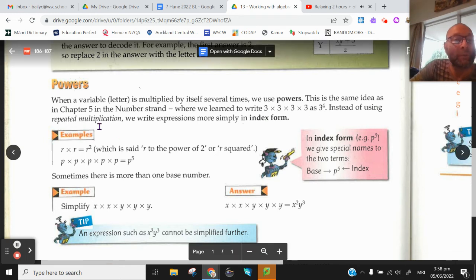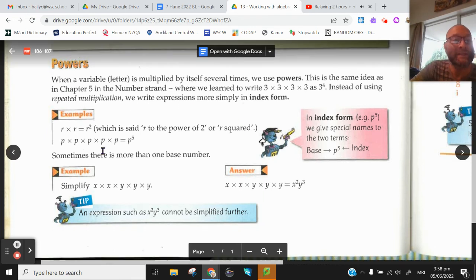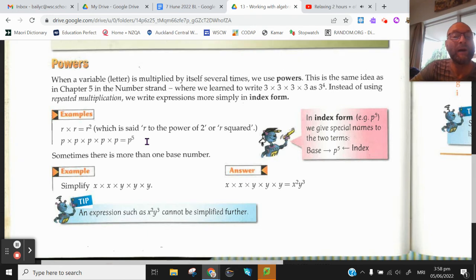Now, instead of using repeated multiplication, we write out these expressions more simply using index form. Now, as we said before, r times r is r to the power 2, or r squared. Another example, p times p times p times p times p is p to the power 5.